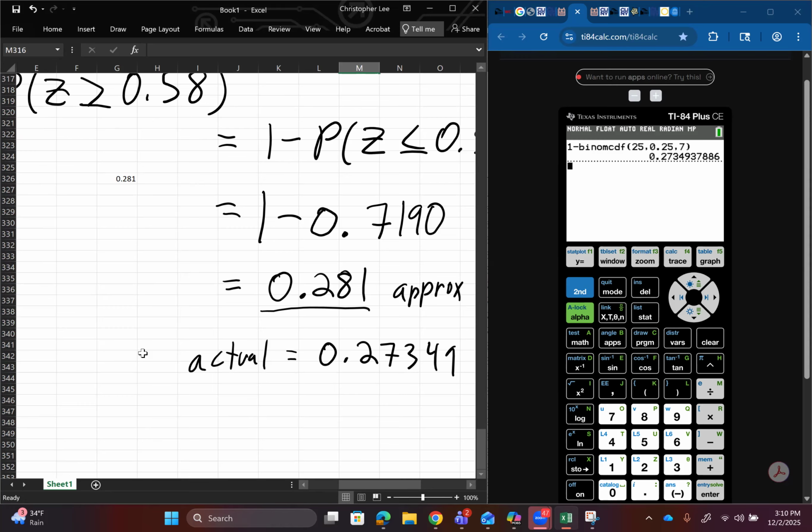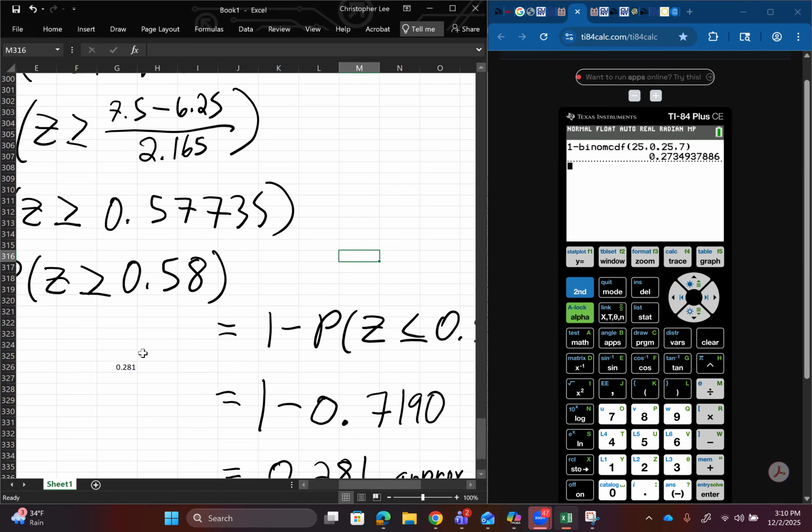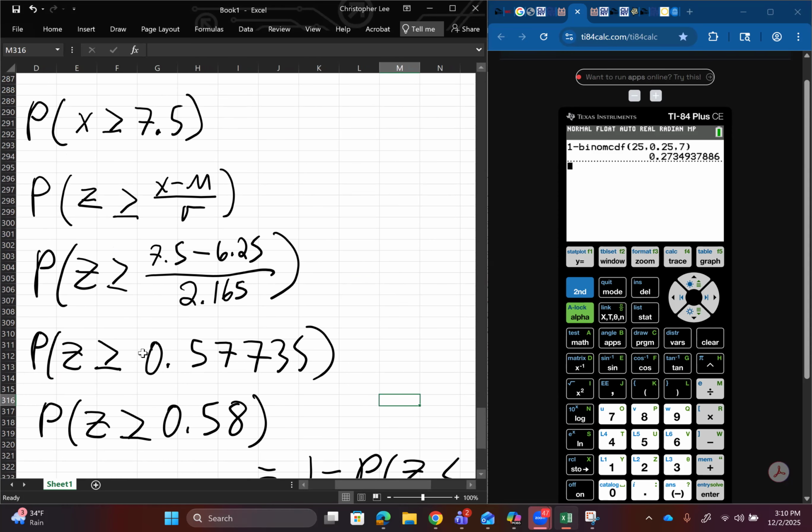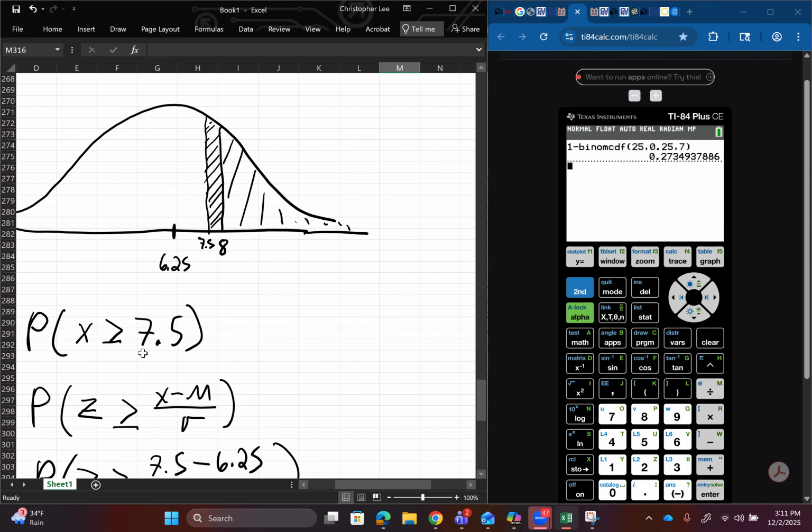The important thing to remember here is that you have to adjust your x value to accommodate for the change. That's this part right here. The adjustment was a 0.5, right? You always go back a little.